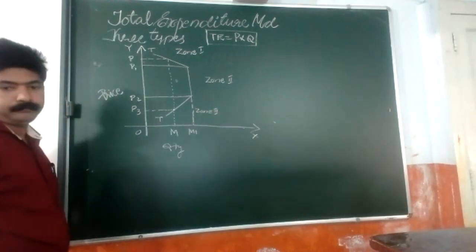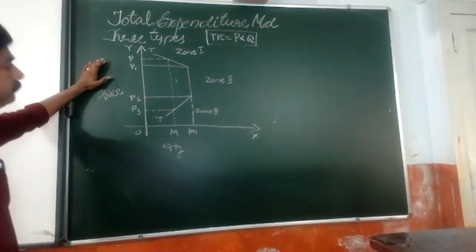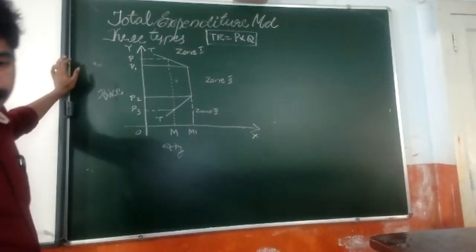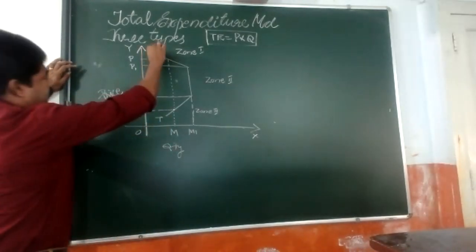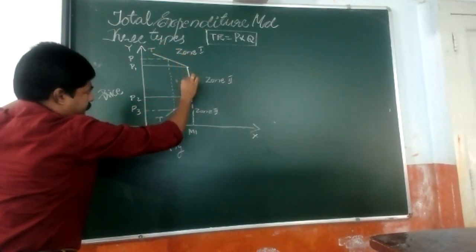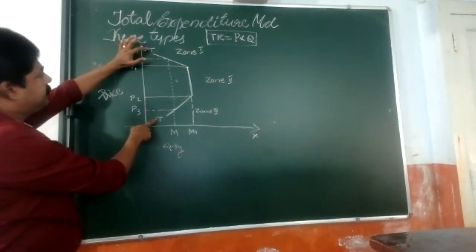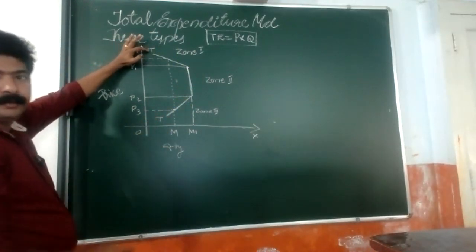Now listen. Look at the diagram. Here I have drawn a demand curve like this, and I have given it the name TT.